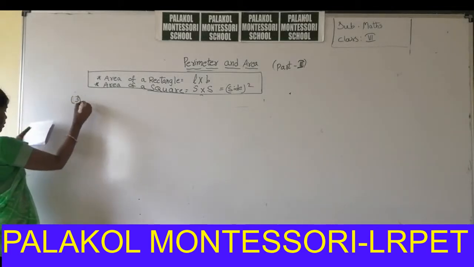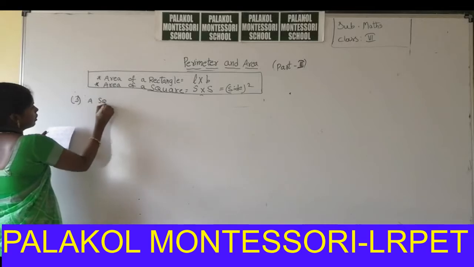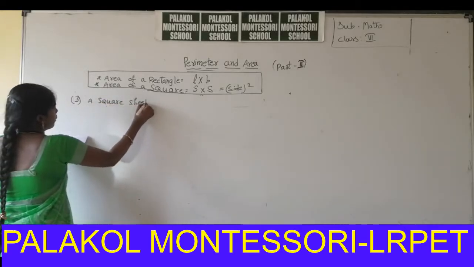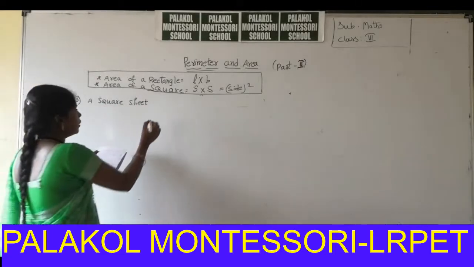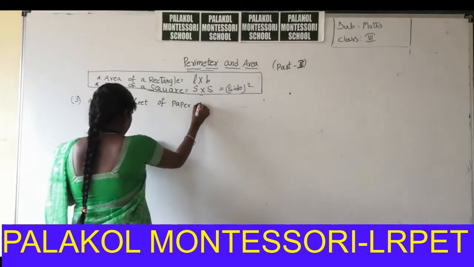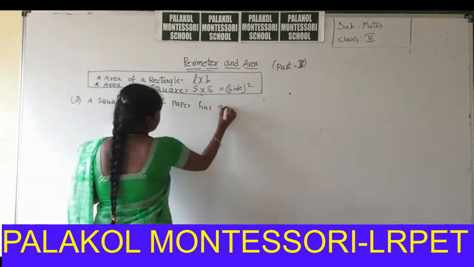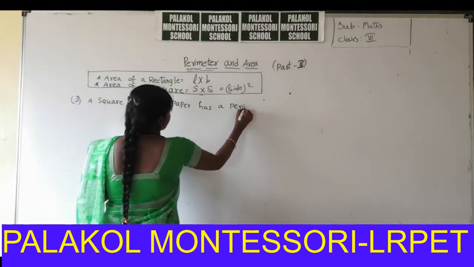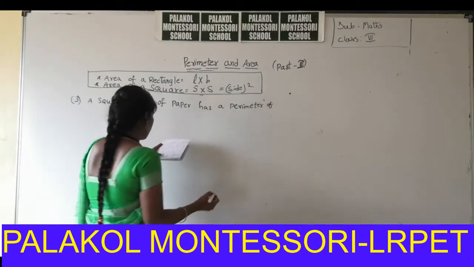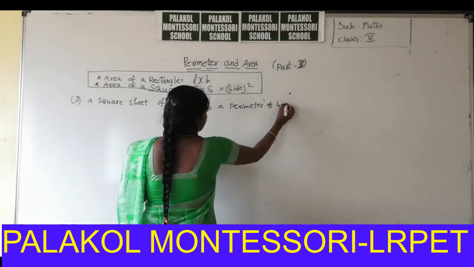So third question, a square sheet of paper. A square sheet of paper has a perimeter of 40 centimeters.